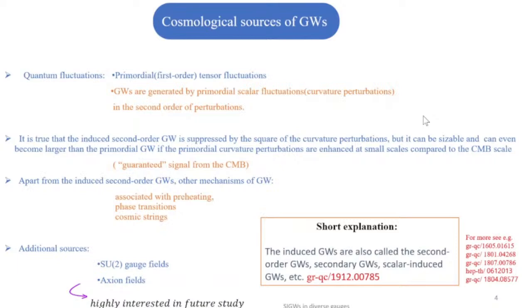If you are interested, the enhancement at small scales can be connected to the interpretation by primordial black holes. Basically, this is a very hot topic, so we can accompany it with primordial black holes.